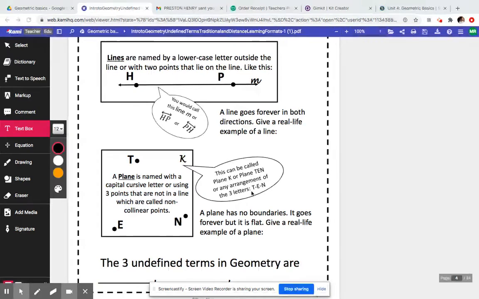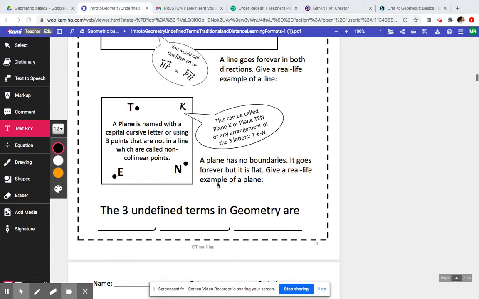As long as those 3 letters are in order and you say plane TEN or plane NET, or you can also call it plane K. A plane has no boundary. It goes forever, but it is flat. Give a real life example of a plane as well.